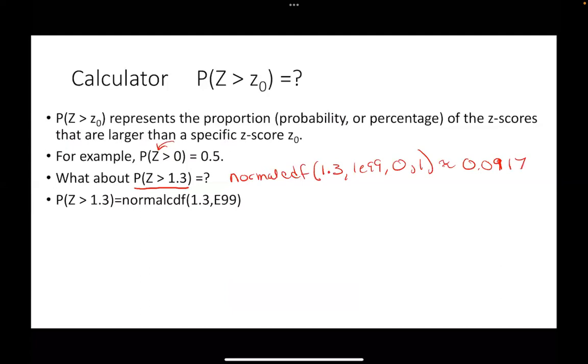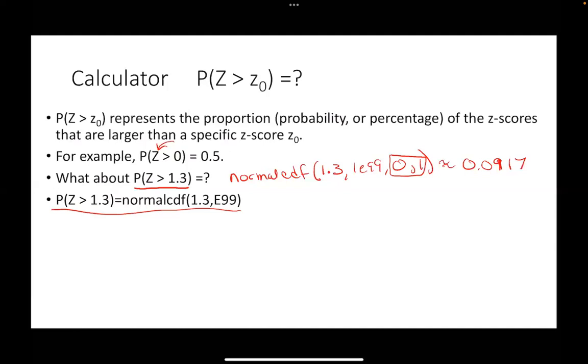So this kind of doesn't matter. If you have a calculator where you type it in, if you don't put that in, it automatically assumes it's a z-score. But I think most of us actually have the spots where it asks for those things. So we're going to kind of ignore that. Don't worry, we have more examples.